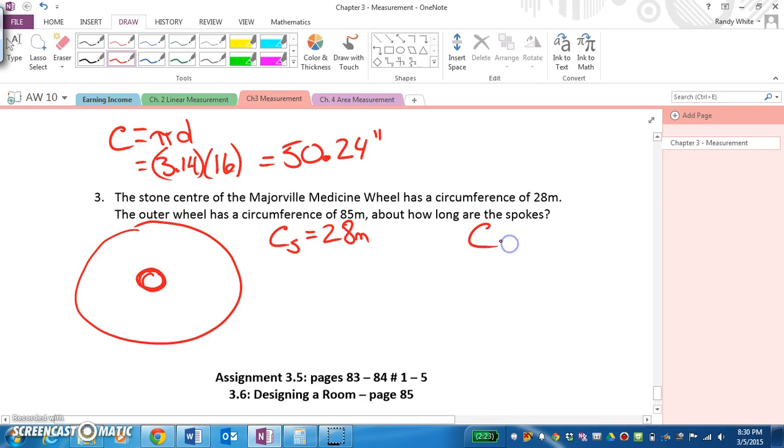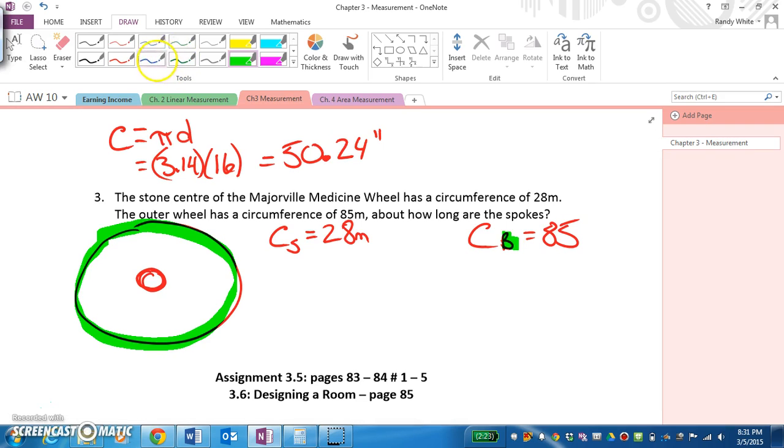The circumference of the big circle on the outside, it's 85 meters. Okay, so that's the one on the outside here. So what we want to do is figure out what the length of a spoke is. So a spoke is going to go from here to here for a medicine wheel.